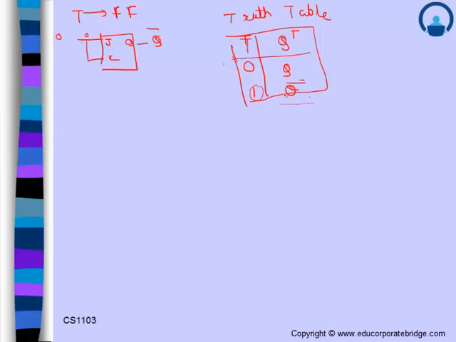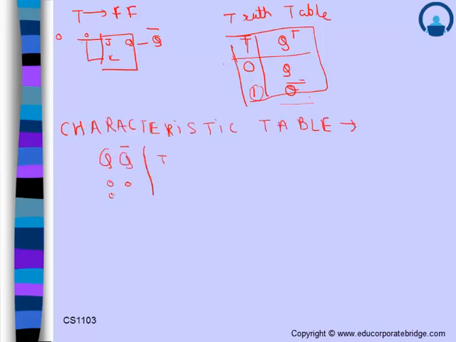Now let's find out the excitation table, characteristic table, and characteristic equation. Let's check out the characteristic table.